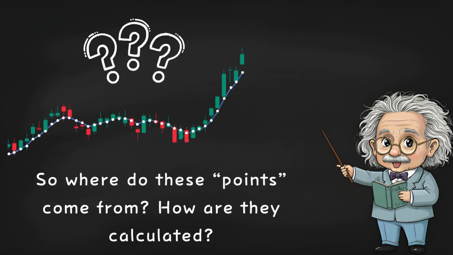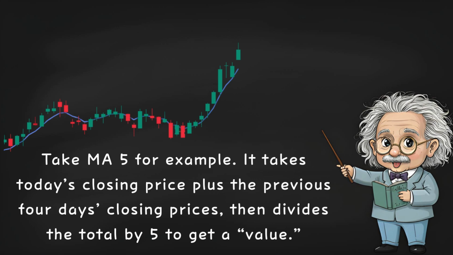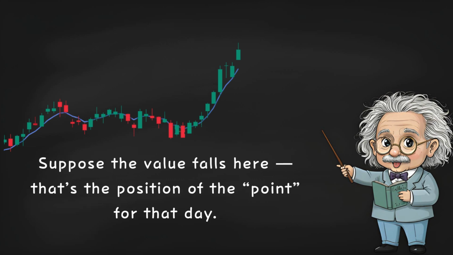The line you're seeing is also made up of many points connected together. So where do these points come from? How are they calculated? Take MA5 for example. It takes today's closing price plus the previous 4 days' closing prices, then divides the total by 5 to get a value. Suppose the value falls here, that's the position of the point for that day.